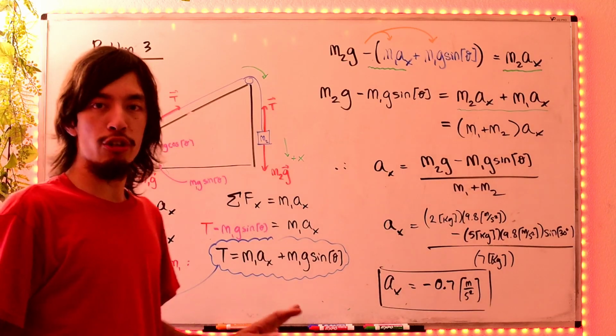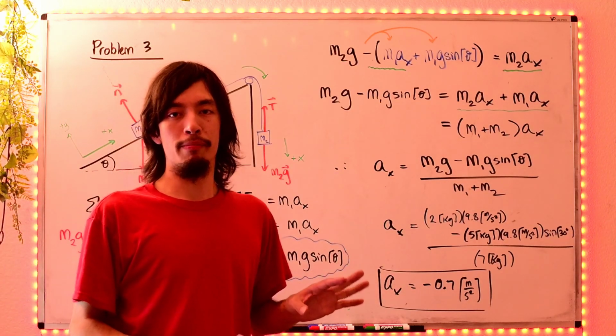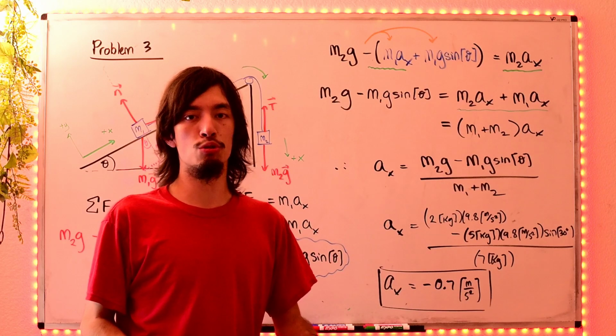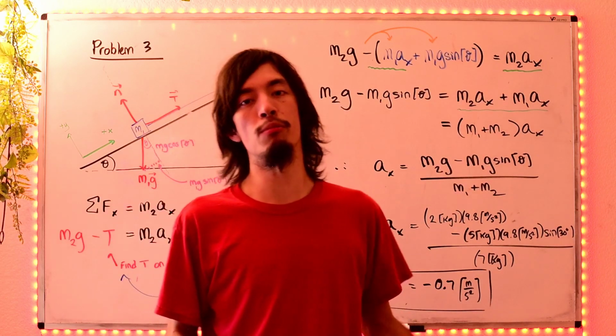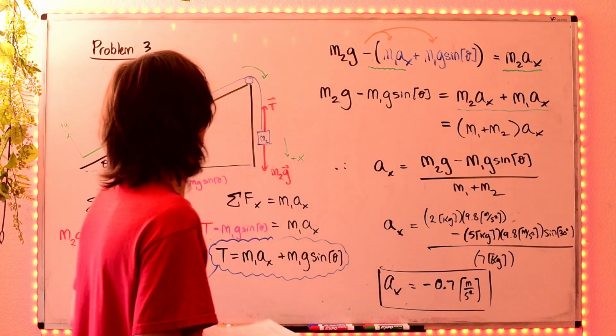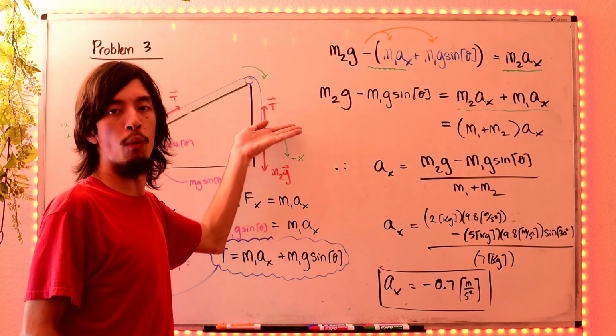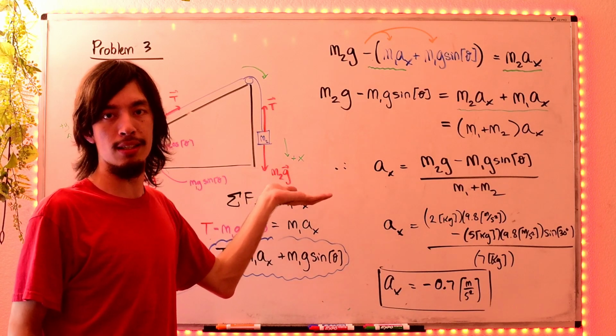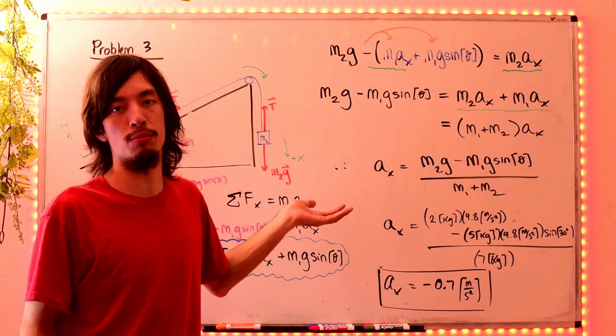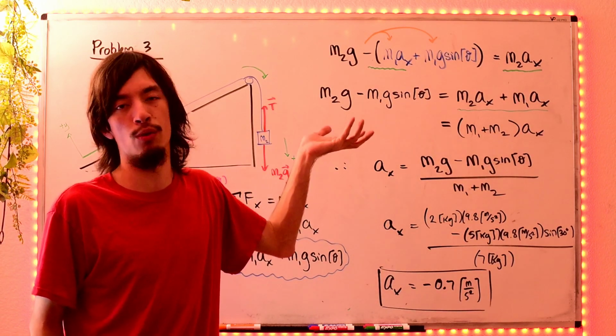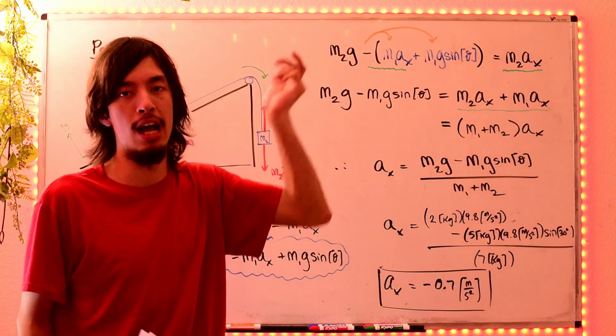Now, acceleration doesn't automatically mean that's the direction it's moving. That's the direction it's tending to move in. So what that translates to is, for instance, if mass 2 was moving down, then an acceleration in the opposite direction doesn't mean it's moving up. It just means it's slowing down because it's being tugged more up than it is down.